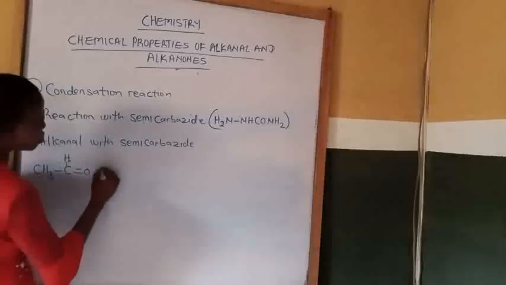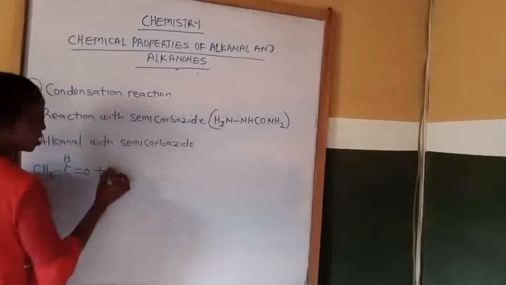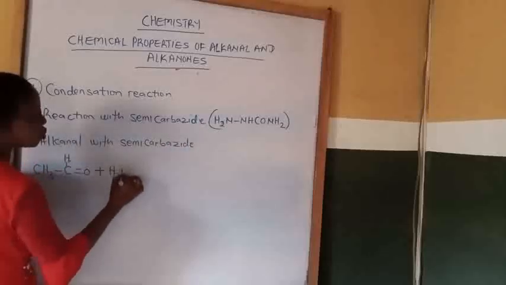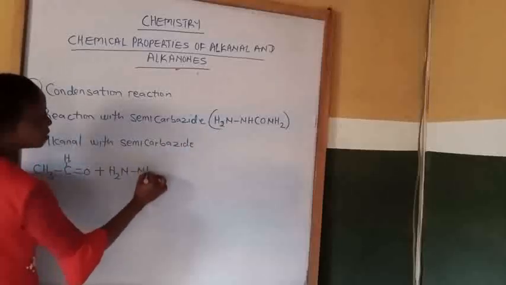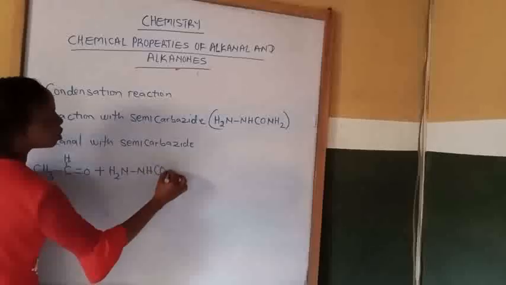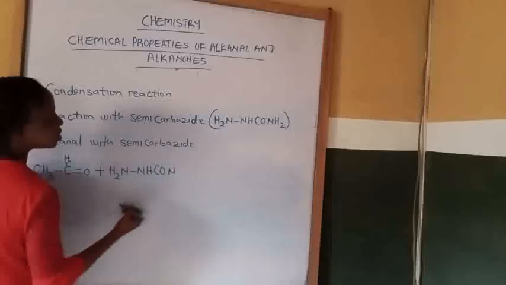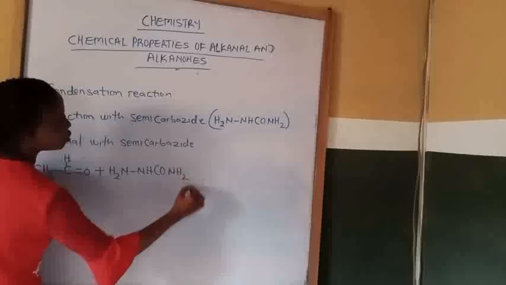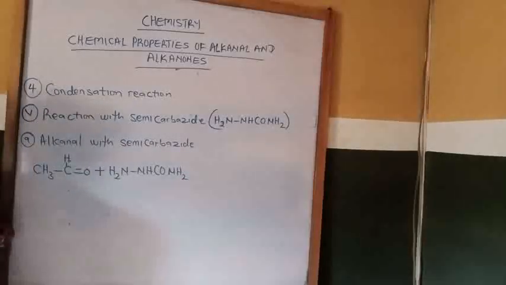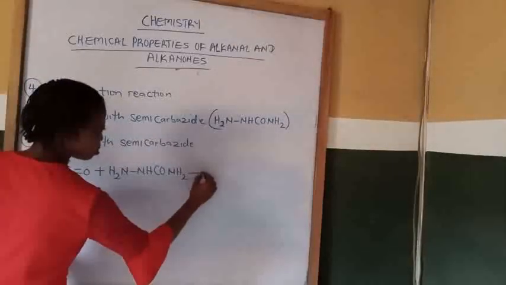Ethanal reacting with the semicarbazide, which is H2N NHCO NH2. So what will be the product formed?